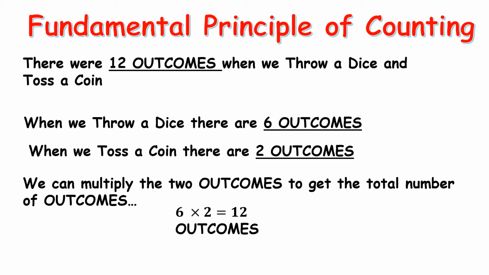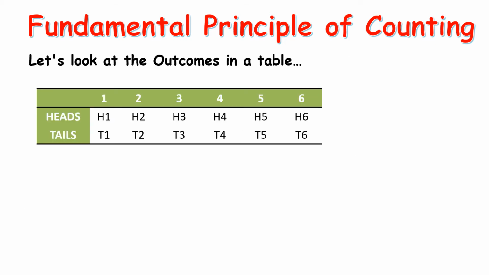And that might seem a bit mad because you might say, well, surely if there's 6 on a dice and 2 on a coin, then we would just add them. But let's look at a better way to illustrate this. Here's a table. On the table, I have the outcomes of a coin on the left and the outcomes of the dice across the top.